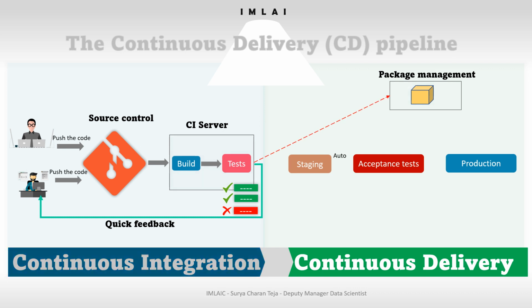At the end of the CI, it will generate an artifact, and that artifact should be pushed into the package manager. So this constitutes the storage space of the packages generated by continuous integration and recovered by continuous delivery.